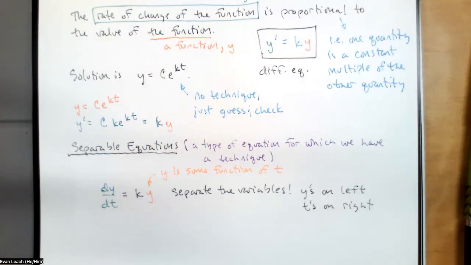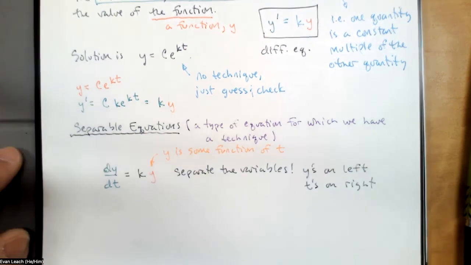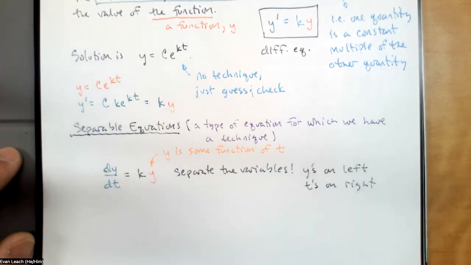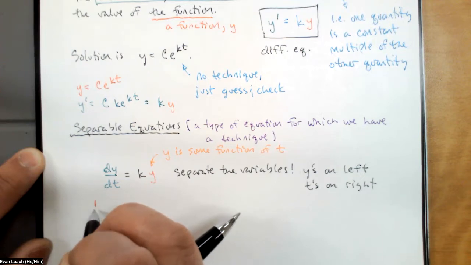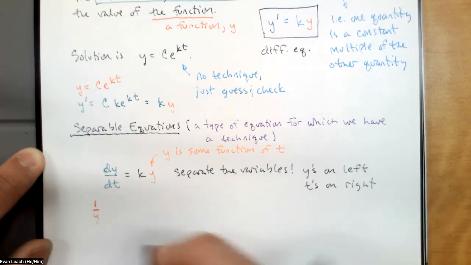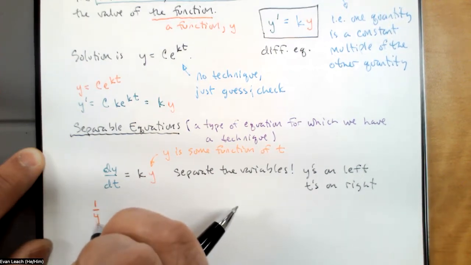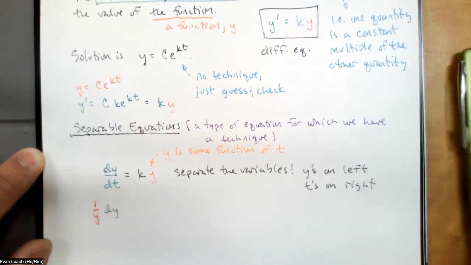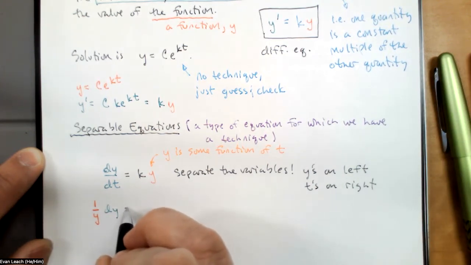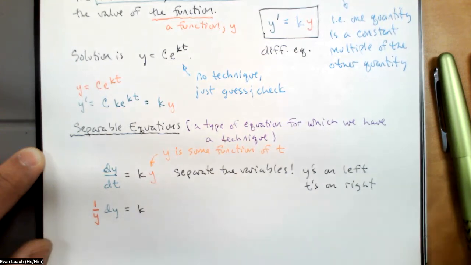This includes the dy and the dt. So on the left, I'll have 1 over y times dy. And over on the right, I'll just have k times dt.